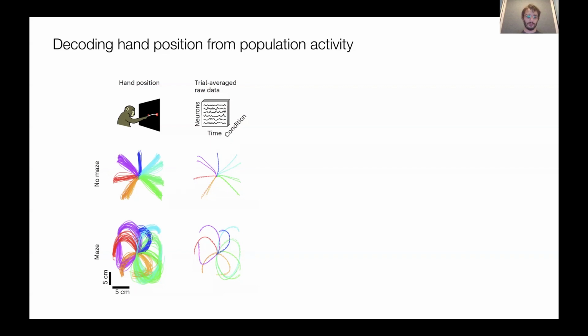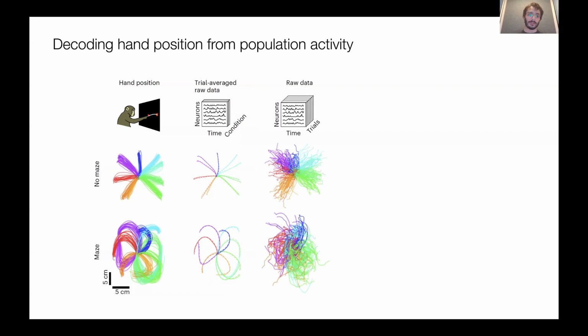And if we do that, then it's great. We can decode the position of the hand of the animal. However, if we try to do that on the raw data, it doesn't look as good. The decoding is not as good. So it looks like there is variability in the data that's perhaps relevant for behavioral information, but there is also variability that's just not related to the behavior.